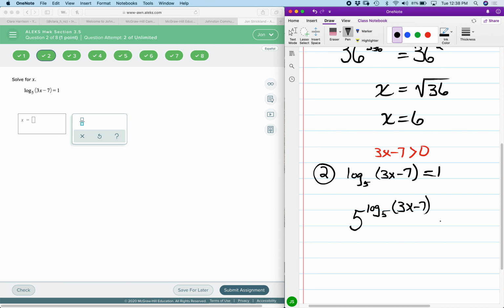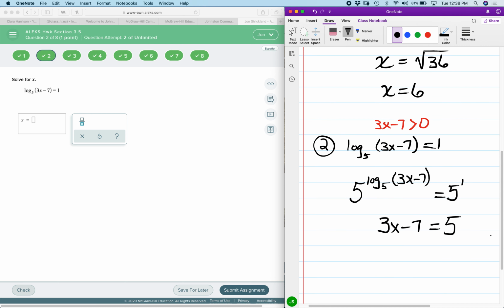So we have 5 to the base 5 logarithm of the quantity 3x minus 7 is equal to 5 to the first. The left-hand side, 5 to the base 5 logarithm of the quantity 3x minus 7, will go to 3x minus 7. 5 to the first is equal to 5. And here we have a two-step linear equation. Upon adding 7 to both sides, we have 3x is equal to 12.